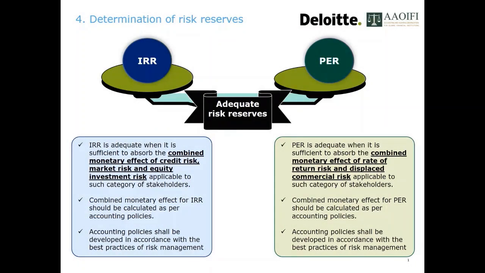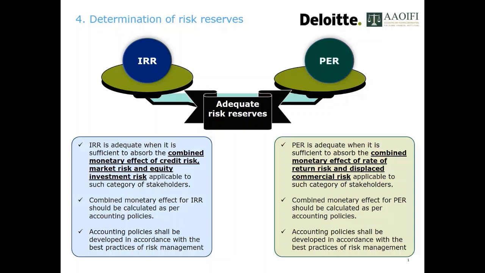Now that we have discussed the conditions that have to be met, when it comes down to the adequacy of the risk reserves, as shown on slide 7, what exactly is considered as an adequate level? For the investment risk reserve, it is considered as adequate when it is sufficient to absorb the combined monetary effect of liquidity, credit, and market risk, including the equity investment risk.